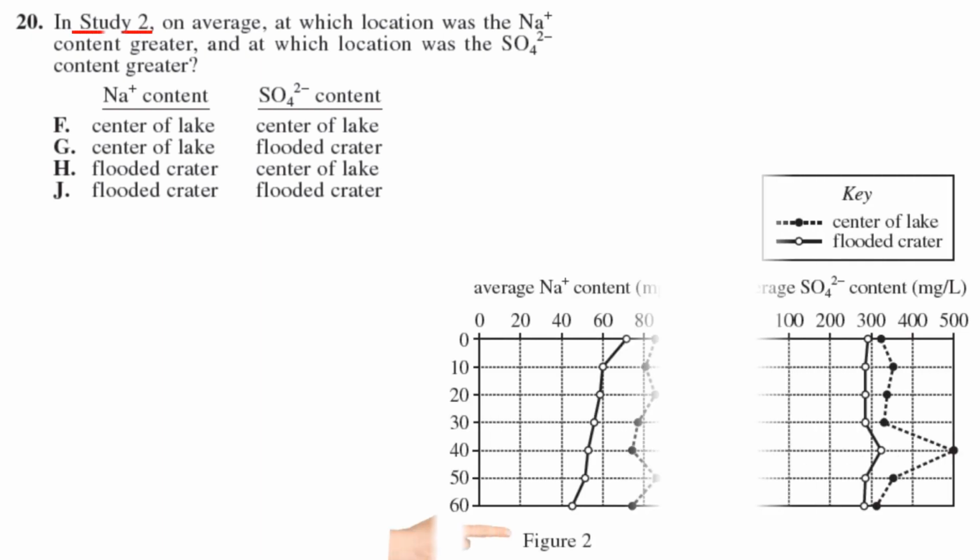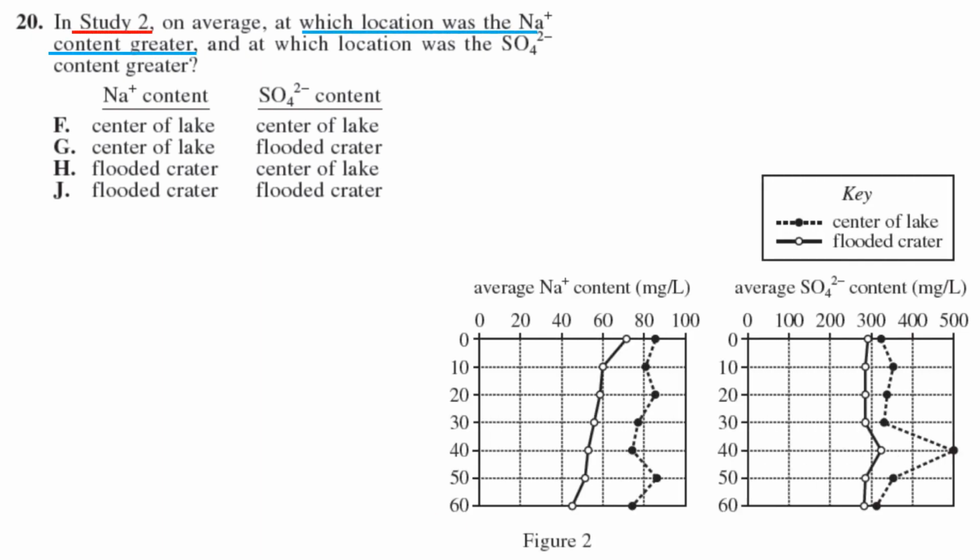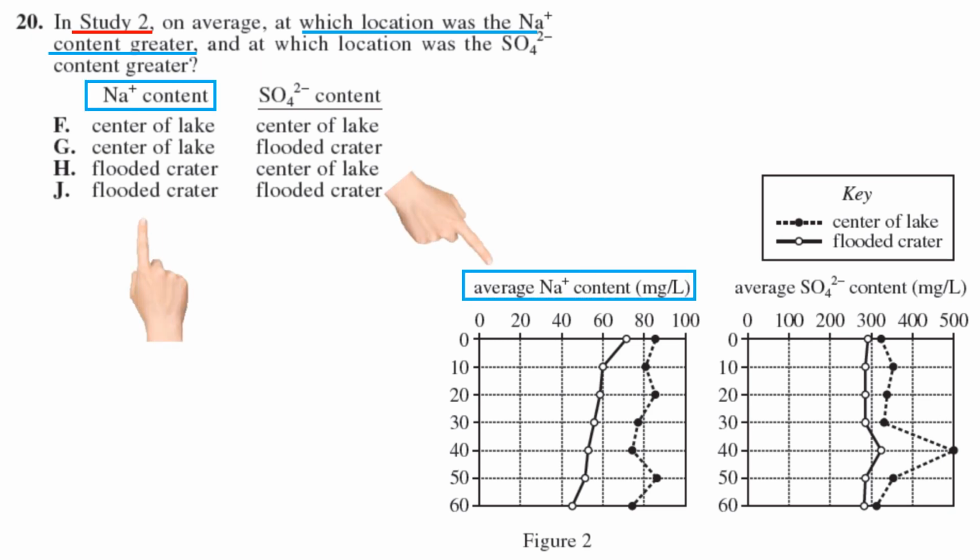Number 20, in study 2, on average, at which location was the Na content greater, and at which location was the SO4 content greater? So let's start with the Na content. I didn't include the pH table here because we didn't need it. And so is it the center of the lake or the flooded crater?